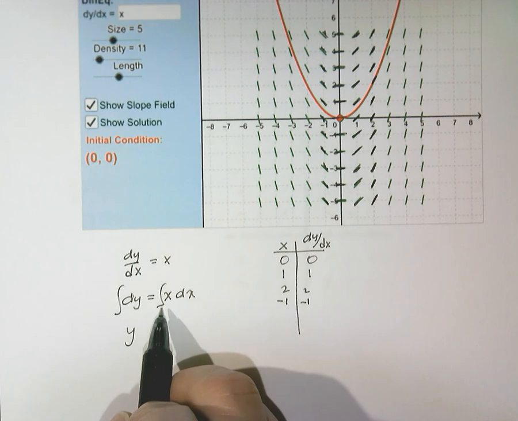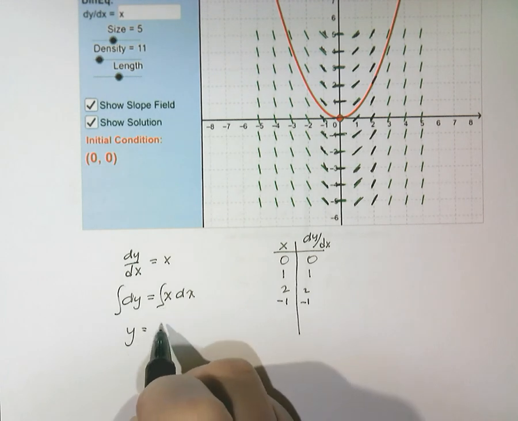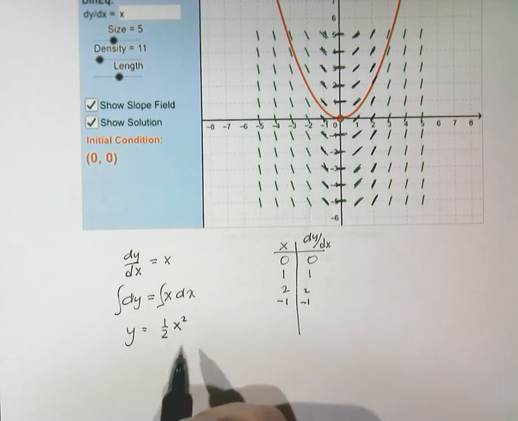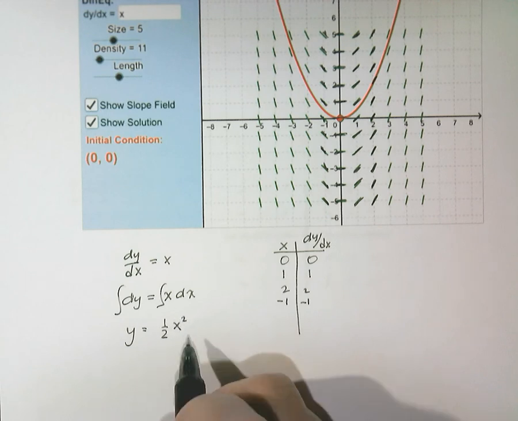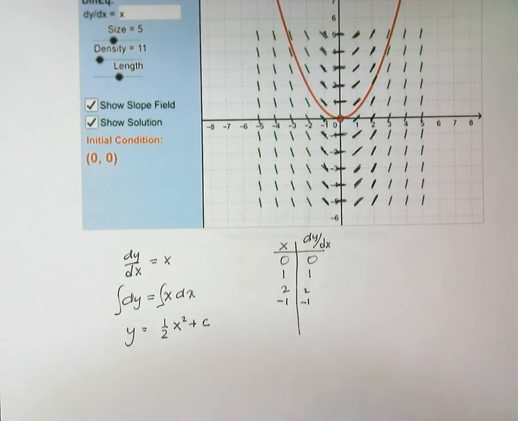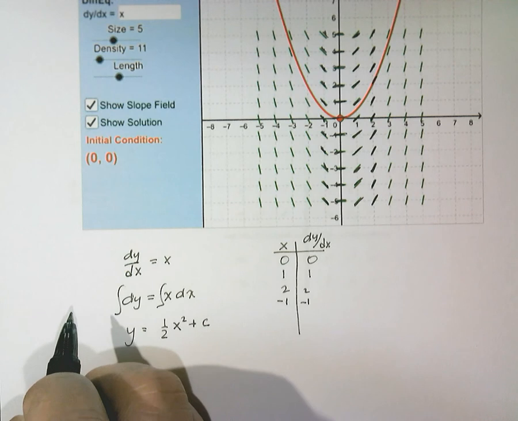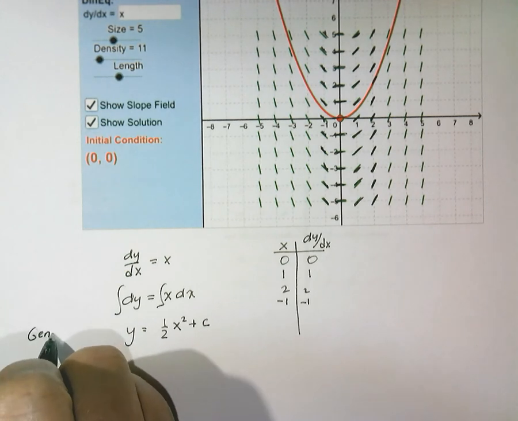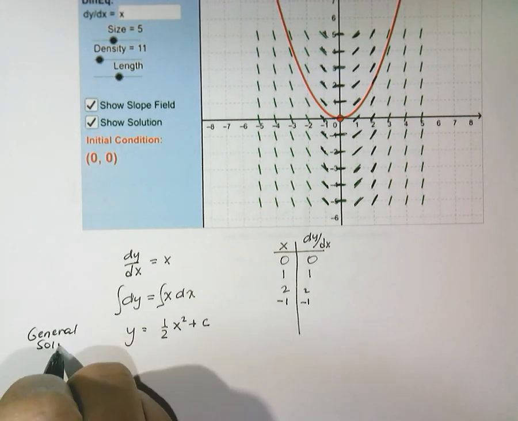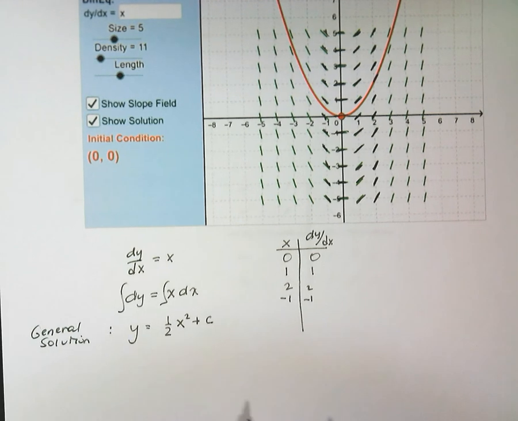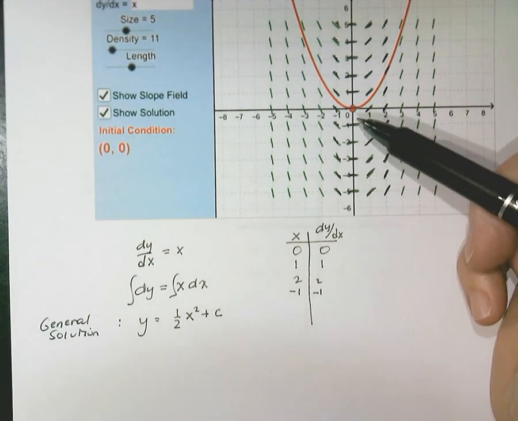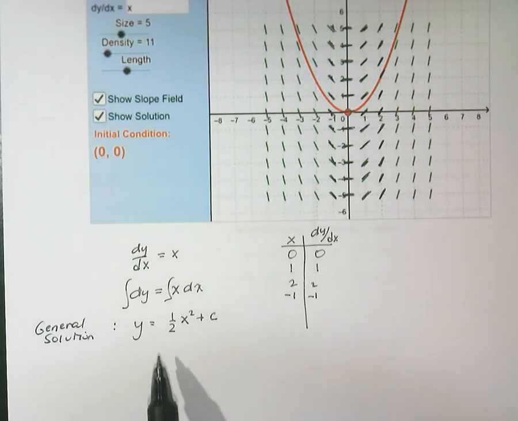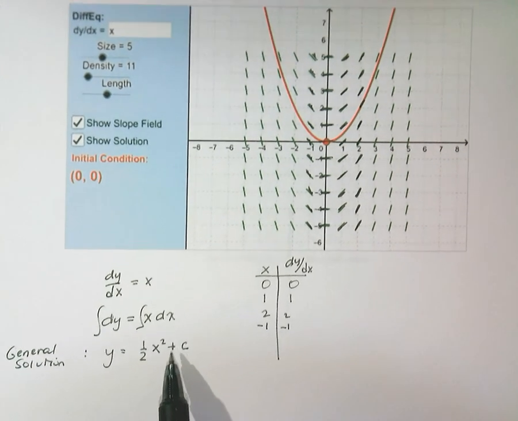If I integrate x dx, I get 1/2 x squared. And I have to have a constant. This is the general solution. That means that this slope field would work for any function y equals 1/2 x squared plus c.